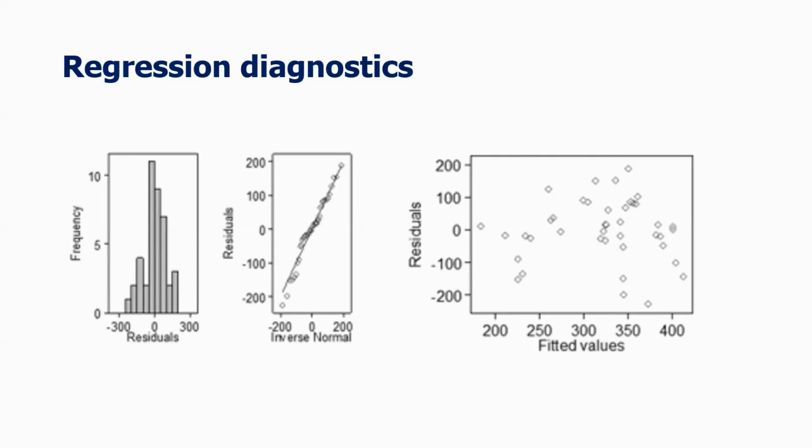It can also give you an idea, let's say, if this graph is funnel shaped, which this particular one is, of the violation of another assumption of linear regression, which is that for a given value of your independent variable, your outcome variable should be fairly normally distributed, and your residuals should be normally distributed. That is a phenomenon called heteroscedasticity. Again, we have discussed this in a previous session.